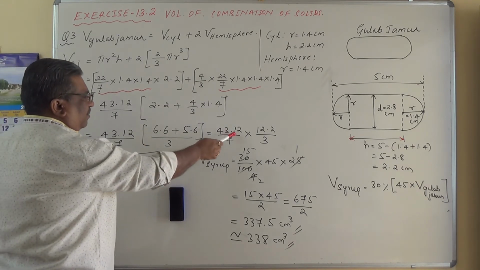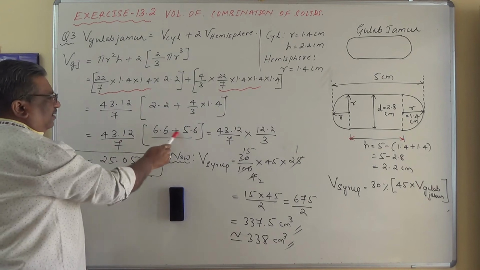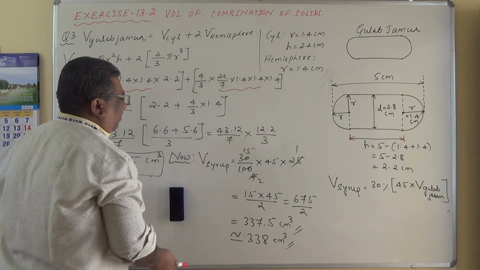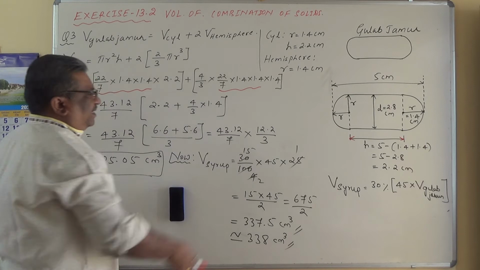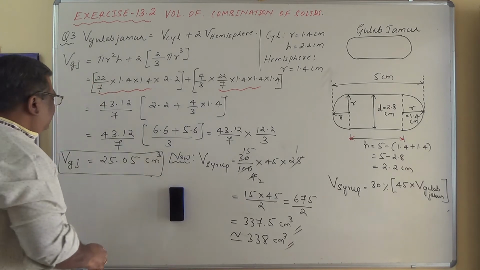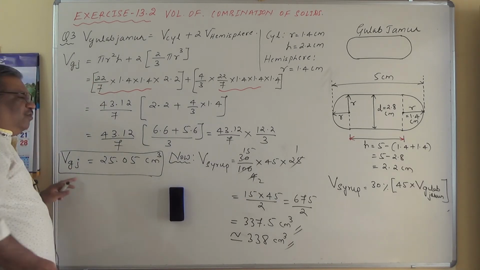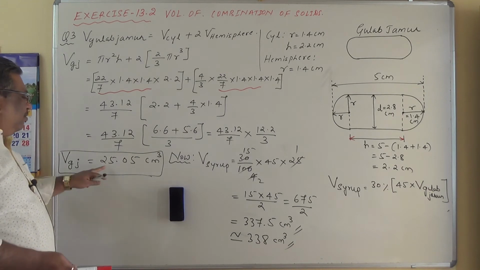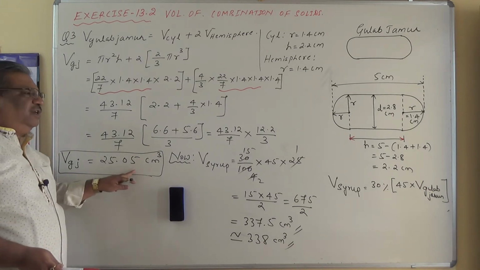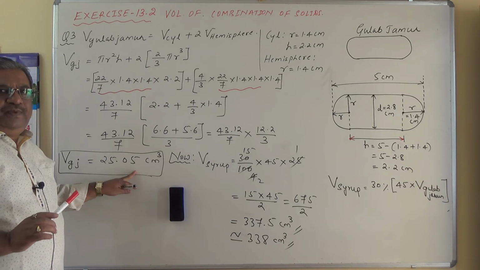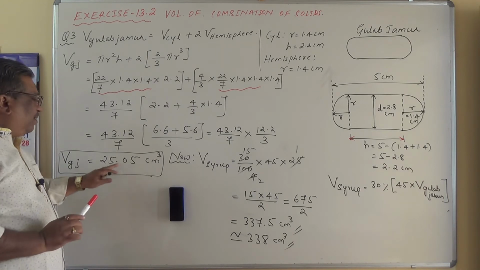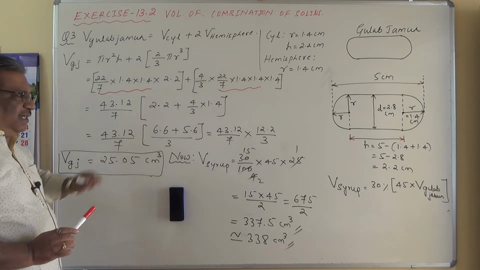Now all this is basically the calculations. So volume of one gulab jamun is about 25.05 cubic centimeter approximately. Here you got it.